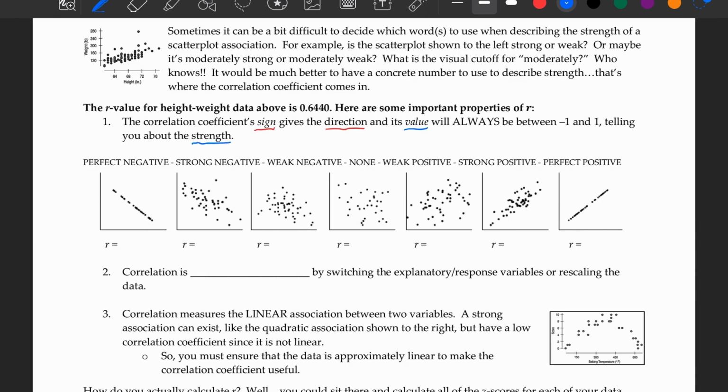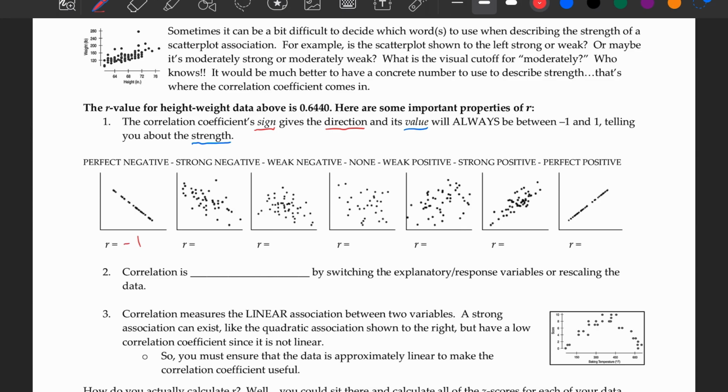So here are some examples down below. We have perfectly negative, spanning all the way to perfectly positive. What are the R values for these? These are just some examples that may not be absolutely correct, but roughly these values. If you're perfectly negative, your R value is -1.